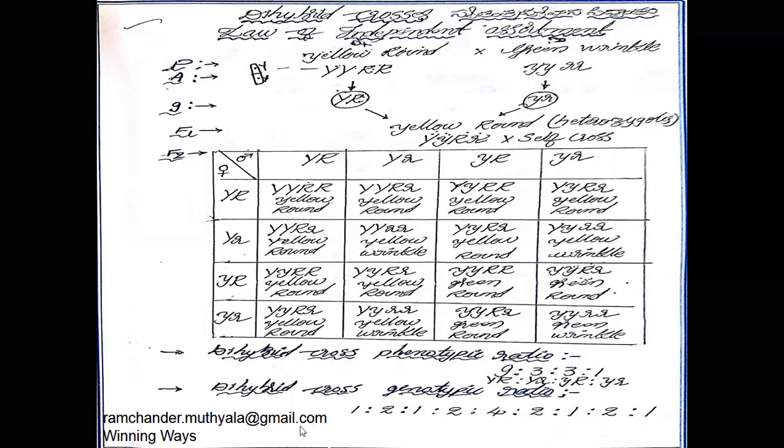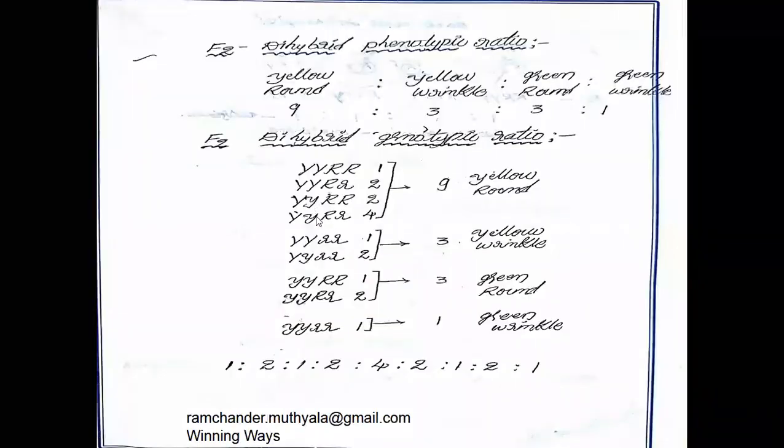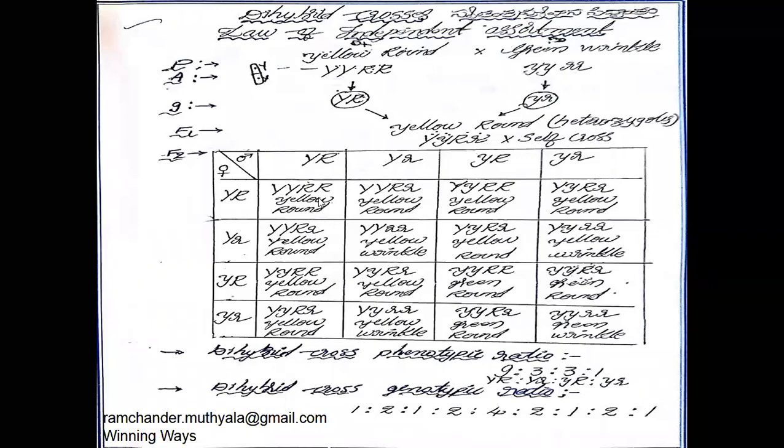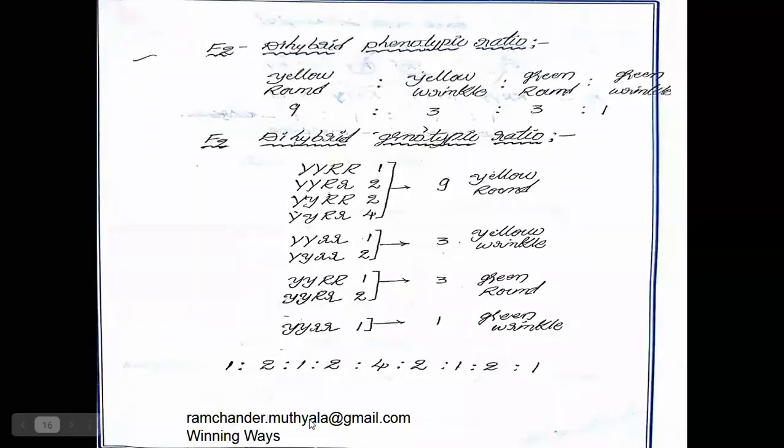It is only one. The genotypic ratio is 1:2:1:2:4:2:1:2:1.